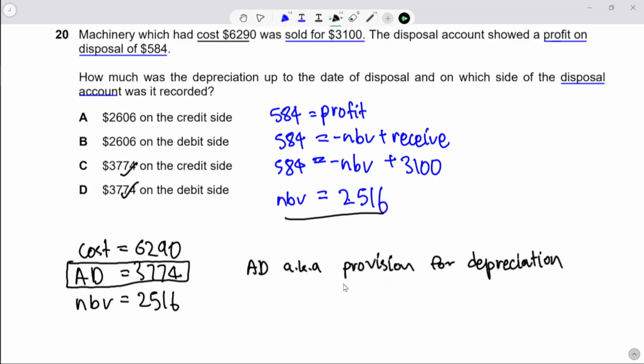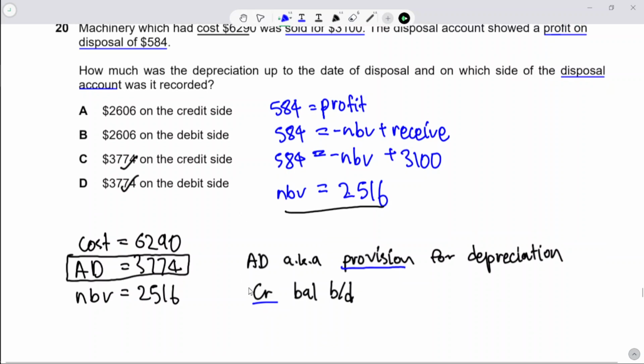By default, because it is a provision, it has a credit balance in the EB. Okay, provision, so you credit it. Then this one by default is plus, a positive figure.